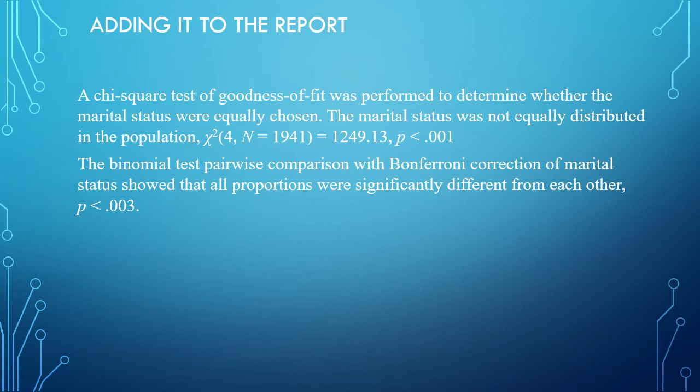So that's the one I report. It always depends a little bit on your outcome, how you can perhaps easily summarize the results. Sometimes you can just give a small table with all possible comparisons, which highlights the ones that were or were not significant. But that really depends on the outcome of your test. But in this case, each category had a significantly different proportion than all the other ones.